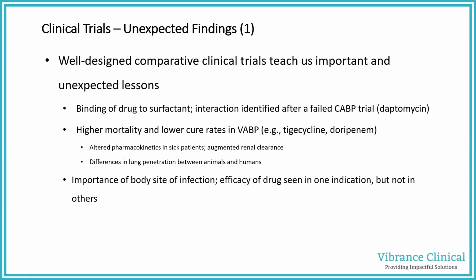Then there is the importance of body site of infection: efficacy of drugs seen in one indication but not in others. So these are some of the points. The whole reason I have been talking about these is that they are very important aspects when we design our studies.